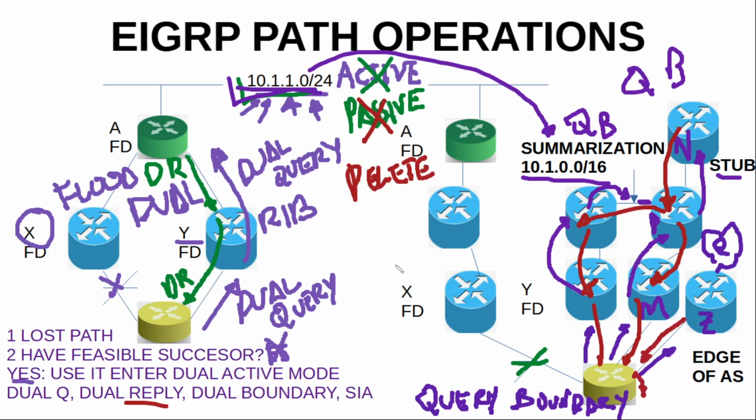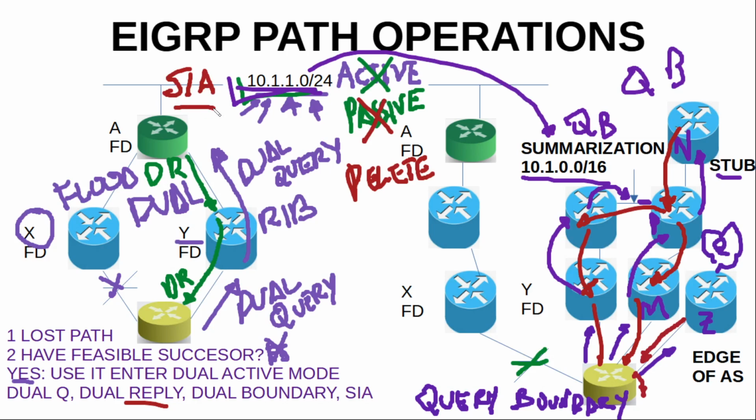Now, in catastrophic events, there are cases when routers send DUAL queries, but after some time the replies never come back. If for a certain prefix queries have been sent and replies are not coming back, this prefix is said to become stuck in active.